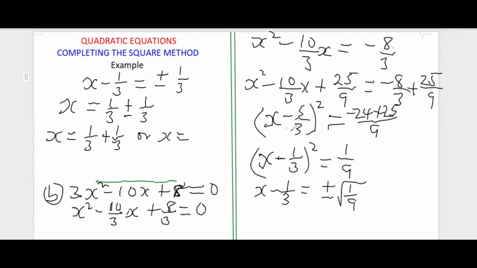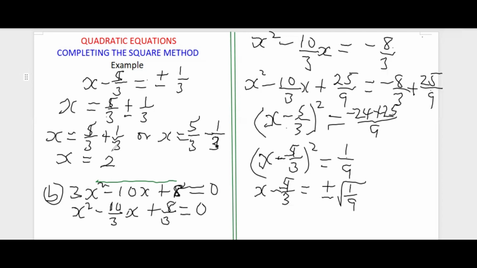Sorry, what we have here is 5 over 3, not 1 over 3. I made a mistake. So x equals 5 over 3 minus 1 over 3. From here, if you simplify, the LCM is 3. 5 plus 1 is 6, divided by 3, that is 2.